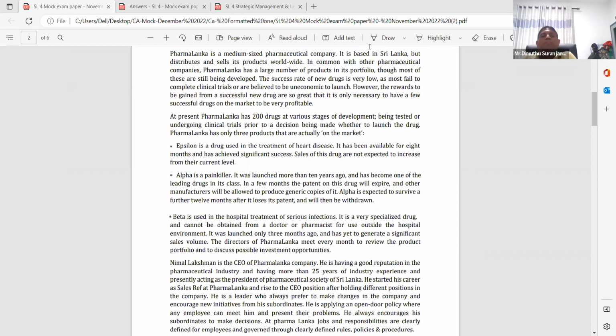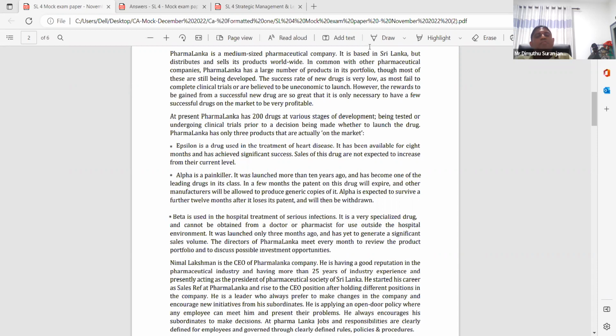So compared to other companies, Pharmalanka has so many products, though most of these are still being developed. We are still working in research and development.